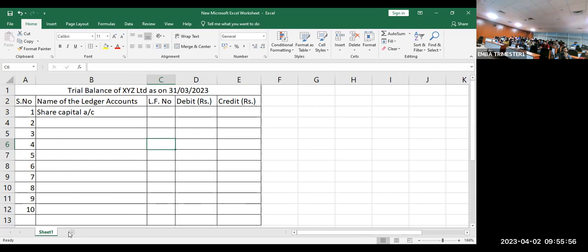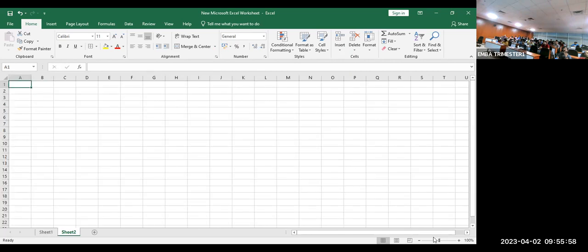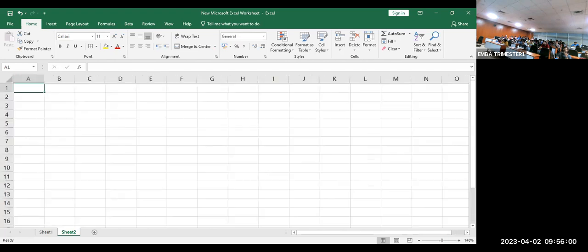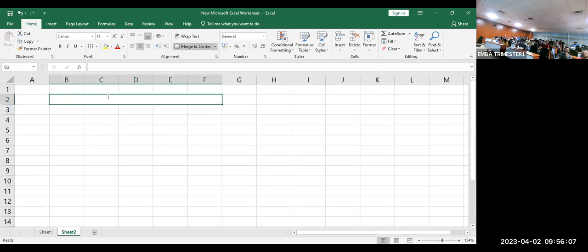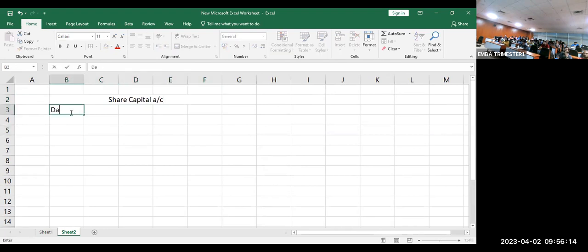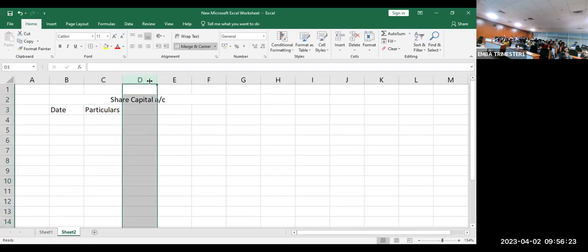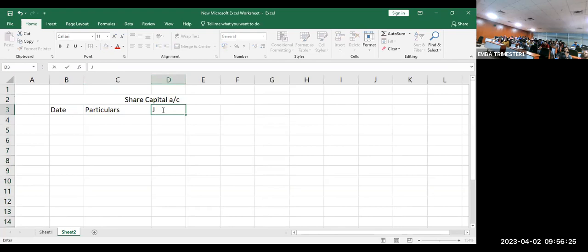I'll prepare a small share capital account. You already know that, no? Just for reiterating, suppose you are preparing a share capital account. Share capital account, ledger account. Date, particulars, amount, ledger folio number, then amount.